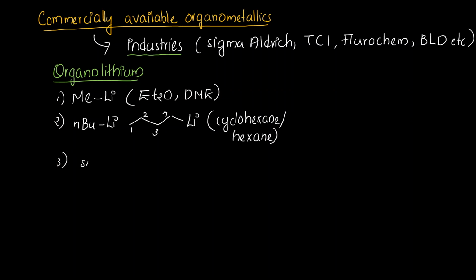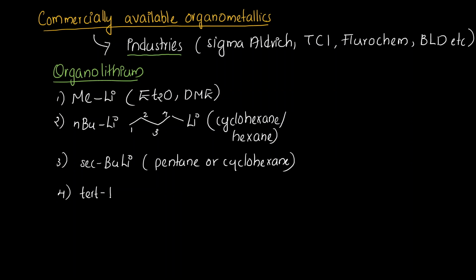Then you can have the secondary butyl lithium. This you will get in pentane or cyclohexane. And you can have the tertiary butyl lithium. You can have it in pentane.